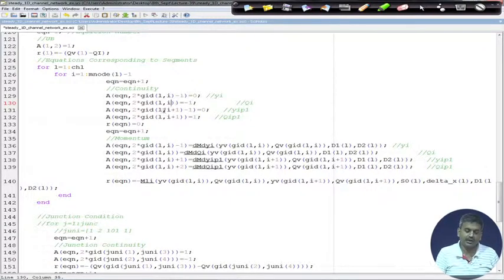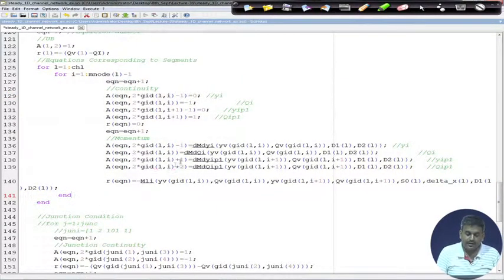This is GID L I plus 1, 2 into GID, minus 1 is here. So these are corresponding to y values.